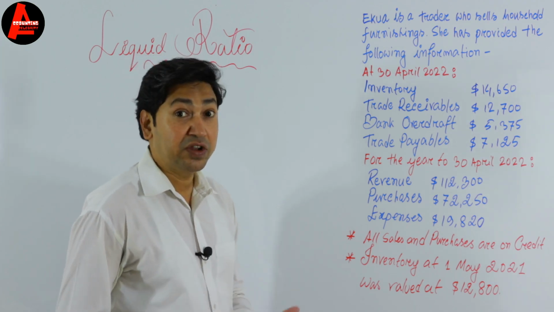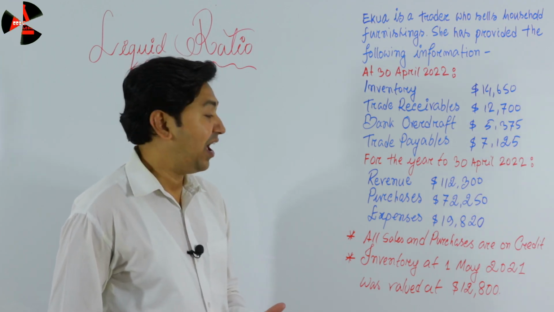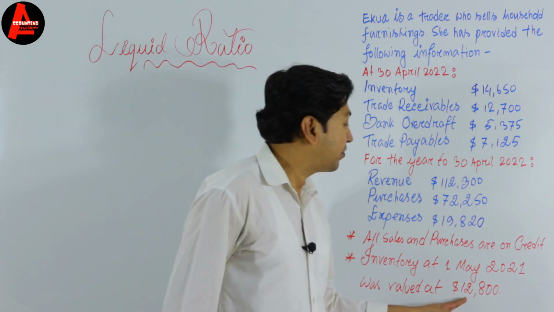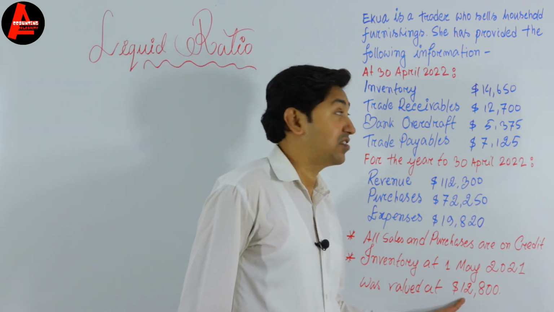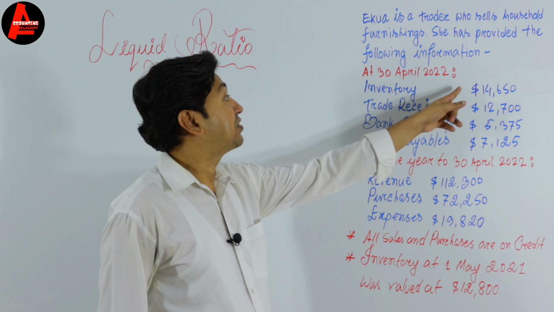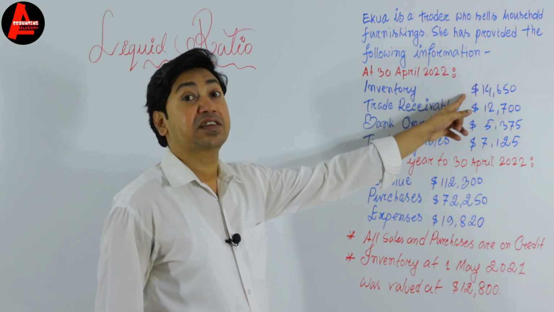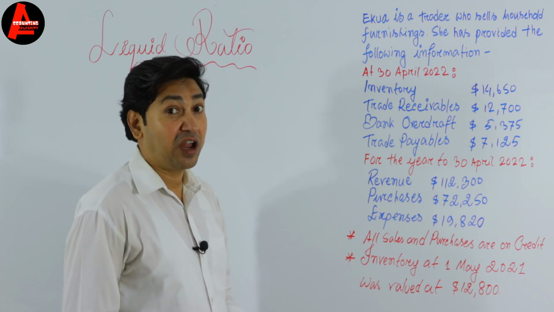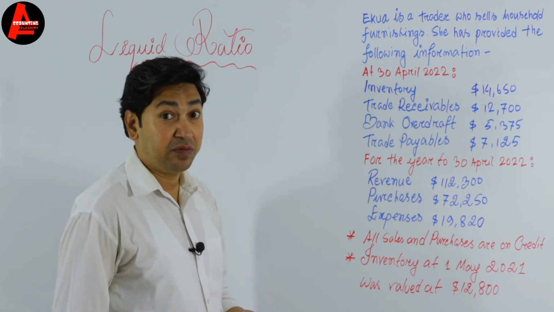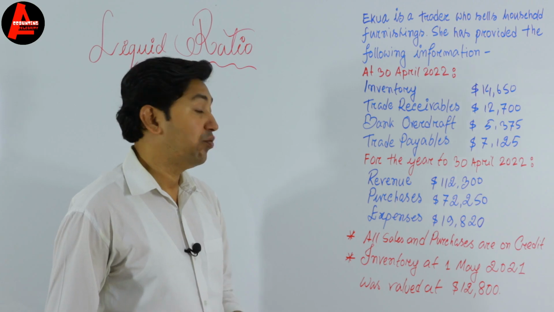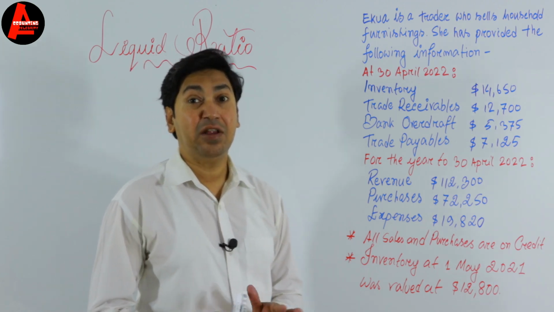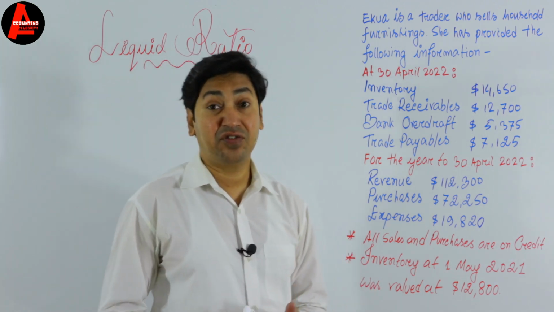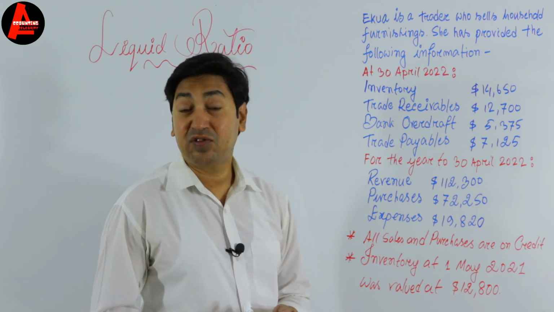We know inventory is a current asset. Opening inventory is not a current asset; closing inventory is the current asset. When you learn the trial balance, you often get opening inventory and closing inventory together, and you get confused about which one to include.